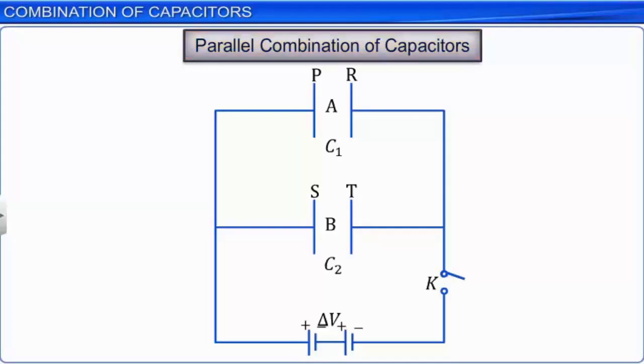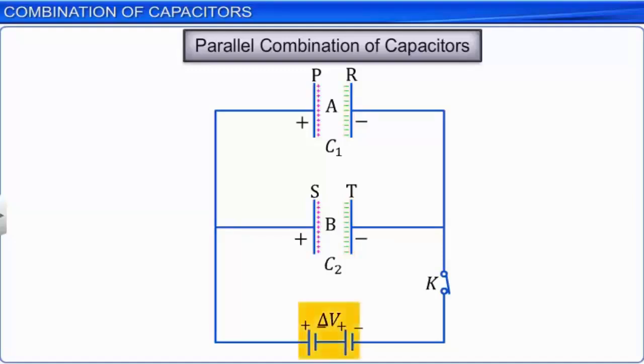When the key is closed, electrons are transferred through the wires and reach the plates. This transfer leaves the plates P and S positively charged and the plates R and T negatively charged. The energy required for this transfer is taken from the battery.